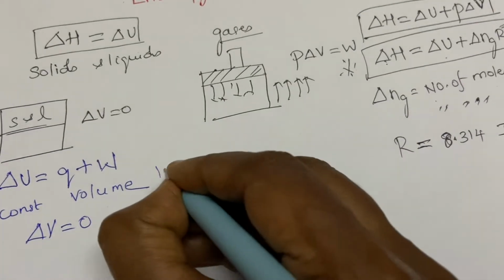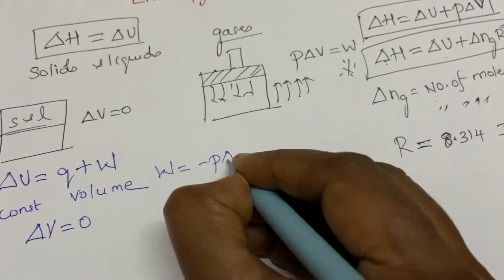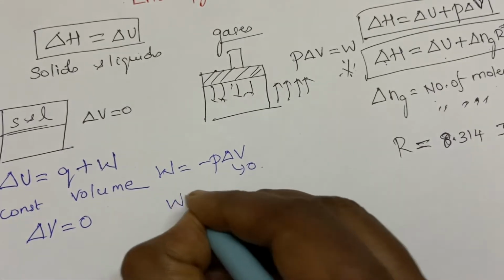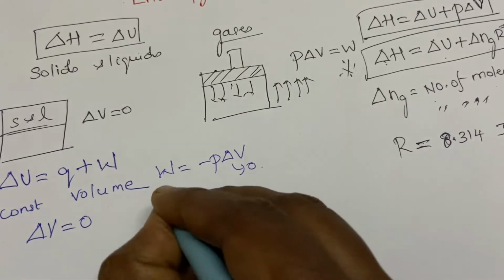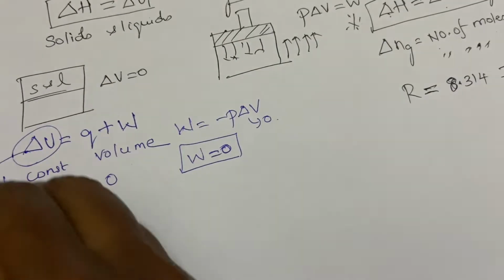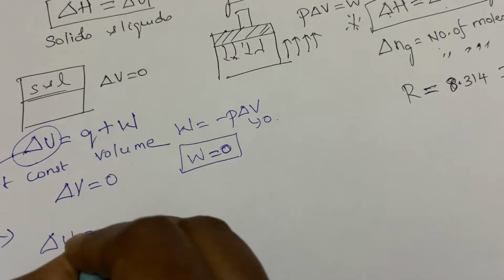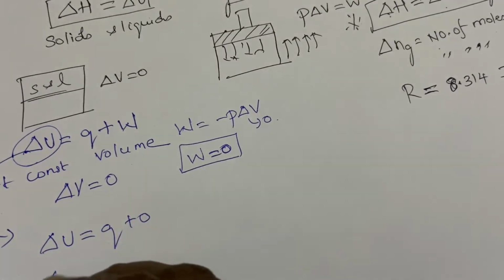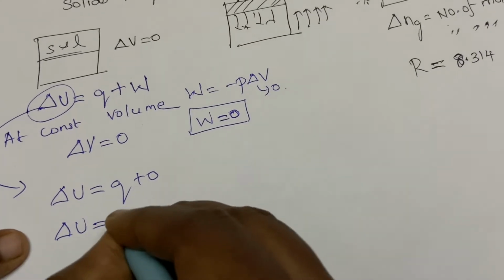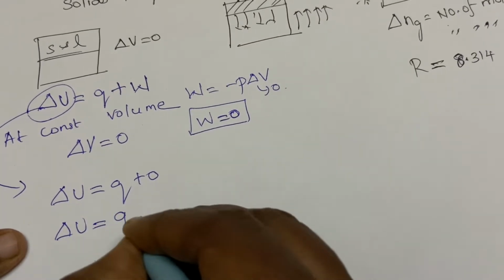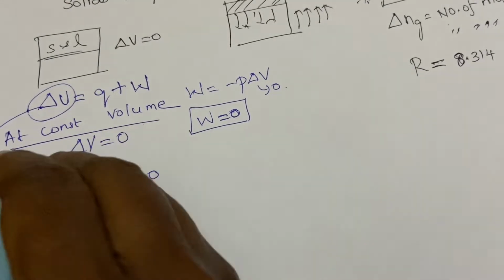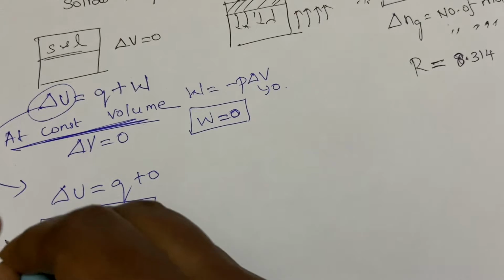But we know that W is equal to minus P del V. When del V becomes 0, the work done also becomes 0, isn't it? So at constant volume, Q plus 0, your change in internal energy is equal to QV. This subscript V represents that it takes place at constant volume. Please remember this.